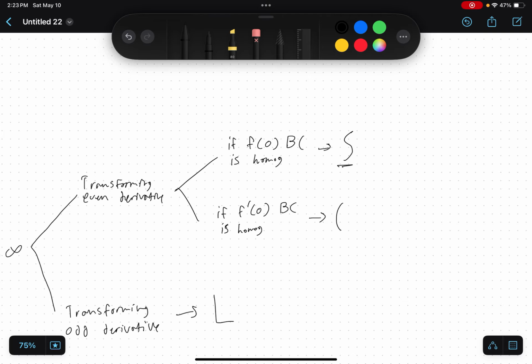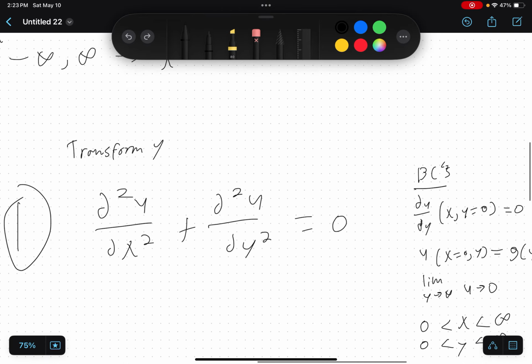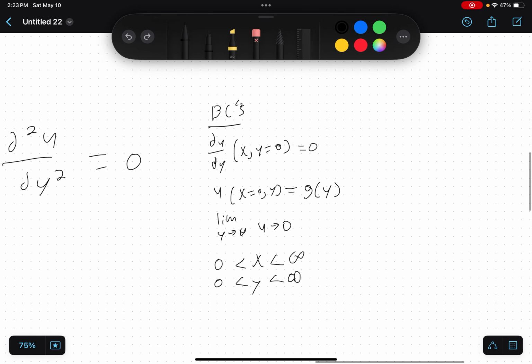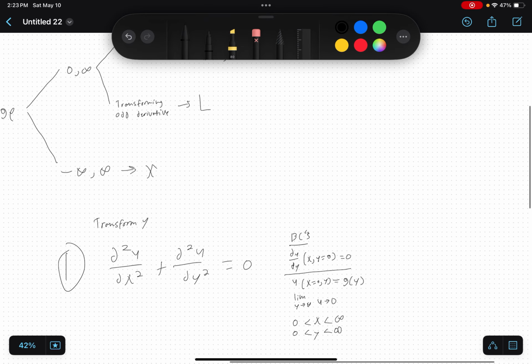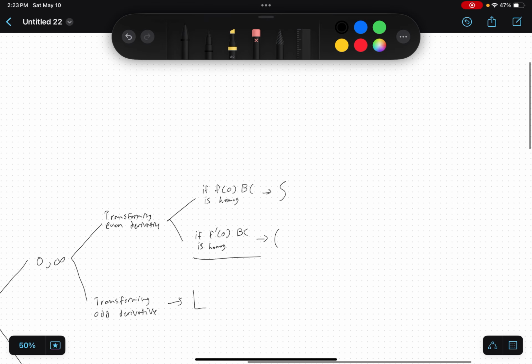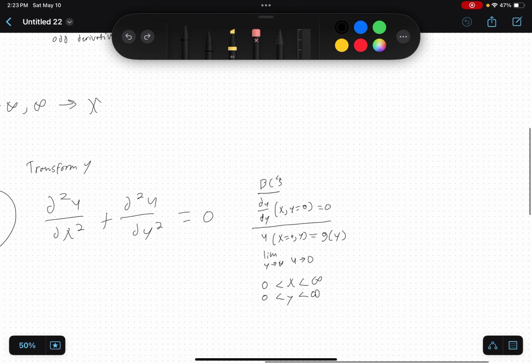If f prime of 0 is homogeneous, then we use cosine. For our boundary condition, we effectively have f prime of 0 equals 0, which is homogeneous. So we are going to use Fourier cosine.